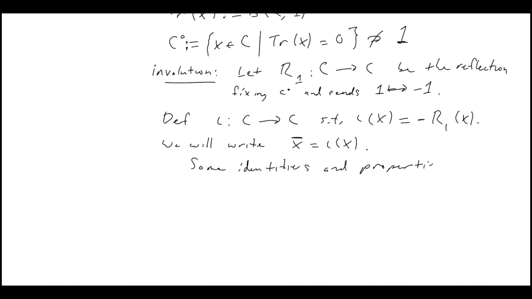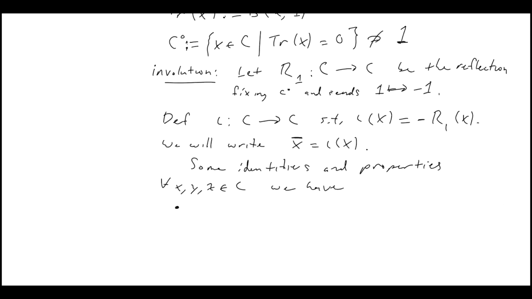So I want to list a few important identities and properties of these structures that I've just introduced. All right, and so throughout, we will have every x, y, and z in the composition algebra. We have the following. Let me do this as a list.